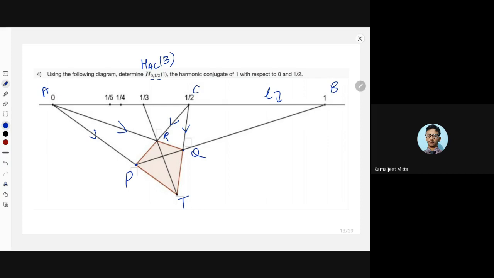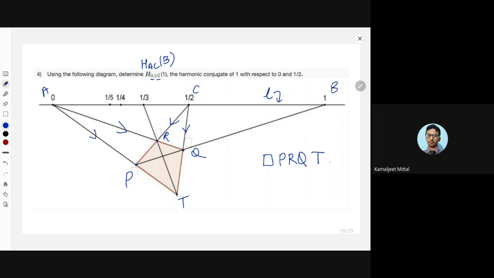T. Okay. Now we look at the diagonals of this quadrilateral. So now consider this quadrilateral PRQT.